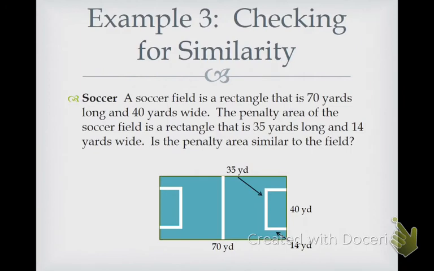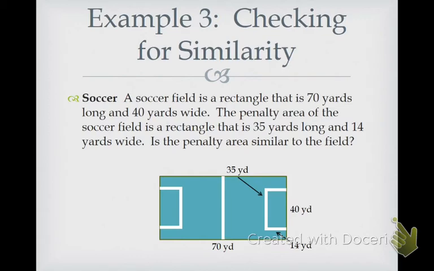All right, now we need to check to see if the figures are similar. This involves setting up a proportion. In this example, a soccer field is a rectangle that's 70 yards long and 40 yards wide. The penalty area is 35 yards long and 14 yards wide. Is it similar to the field?